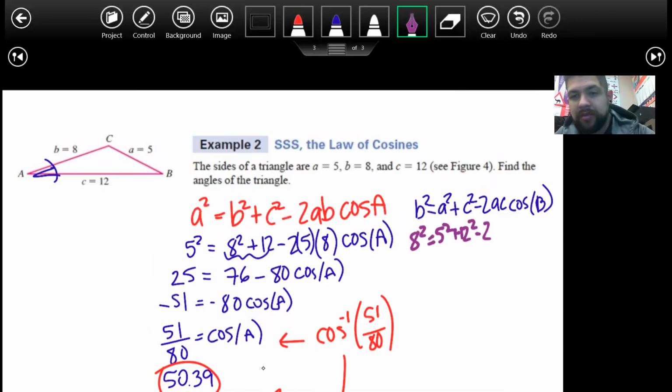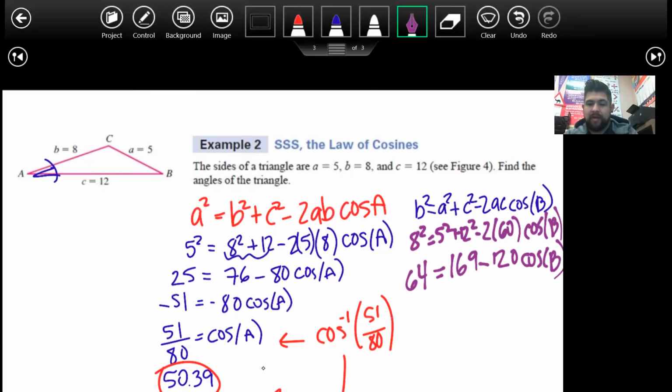I'm just going to abbreviate this and put it as 60 cosine of B. I'm going to do a lot of simplification, so I hope you guys trust me. We're going to do 64 equals 25, or 5 squared is 25, 12 squared is 144, 169 minus 120 cosine B.